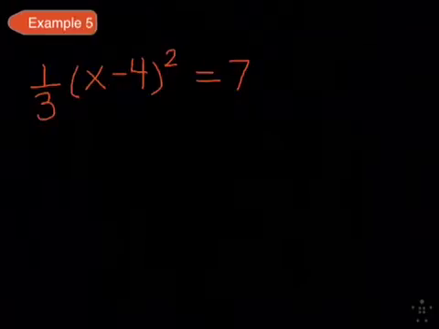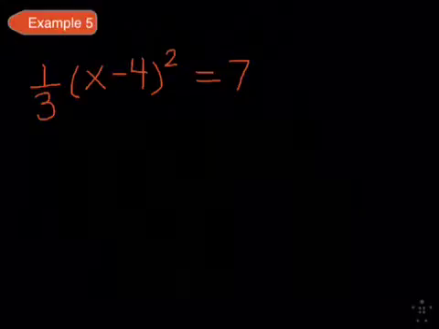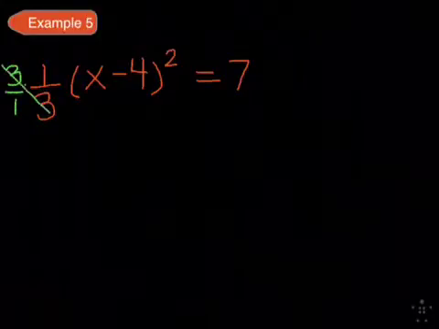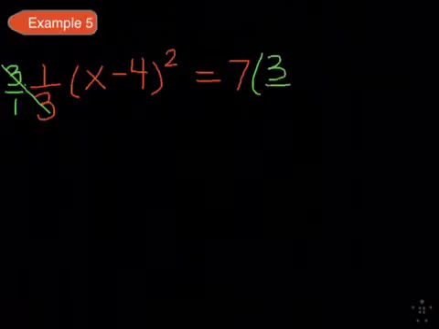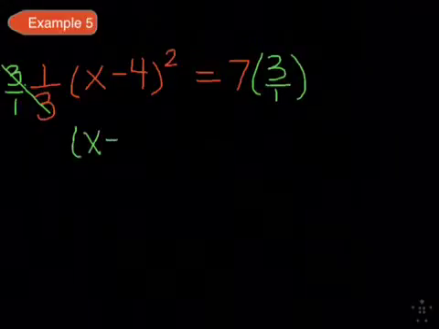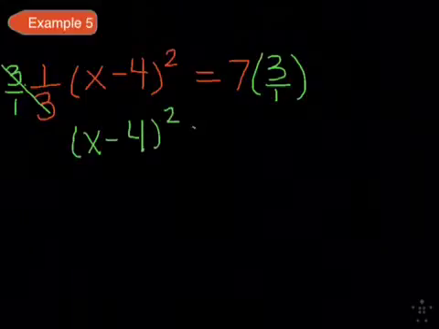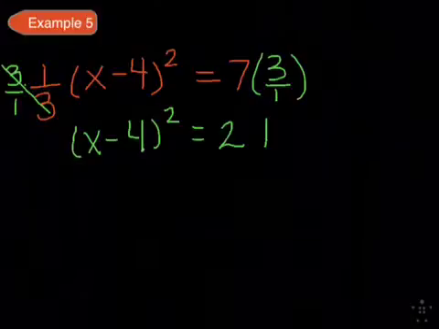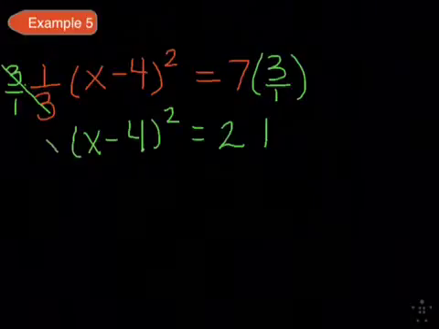Next example. All right. I want to solve this one for x. So I have this 1/3. Remember, we can multiply by the reciprocal, which is 3/1 on both sides. So I have x minus 4 squared equals 21. Okay. Square root both sides.